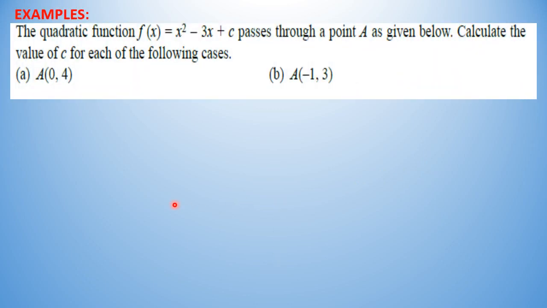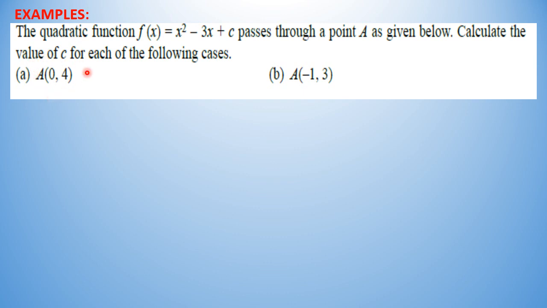Now we look at a few related examples. The quadratic function f(x) equals x squared minus 3x plus c passes through a point A as given below. Calculate the value of c. The first one, I give you coordinate A (0, 4). This one is the x coordinate, this one is the y coordinate.